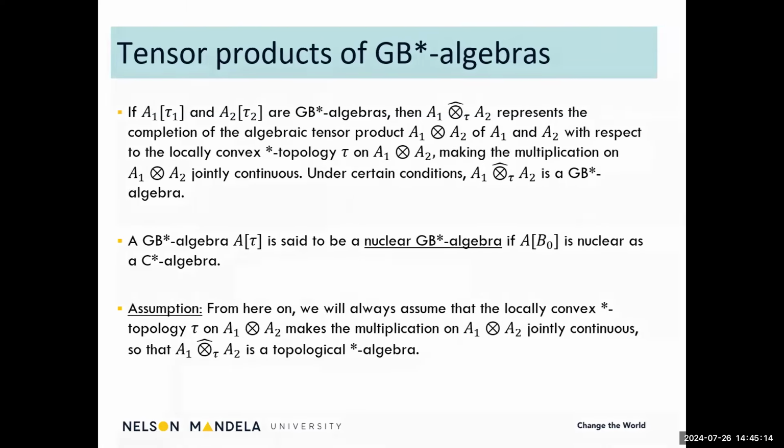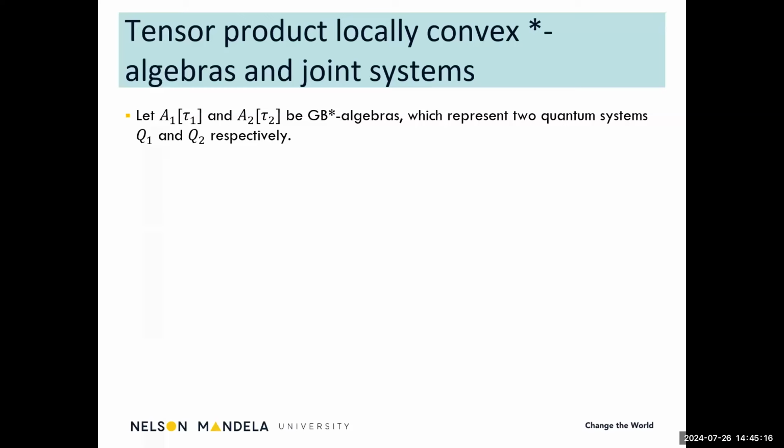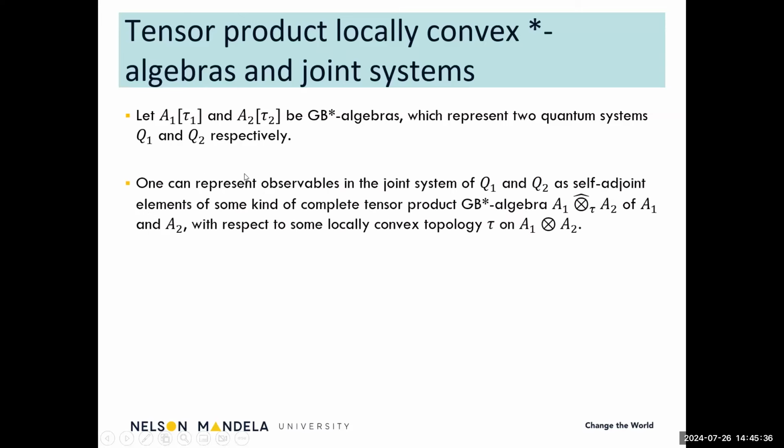Why are tensor products useful? Because we need to go over to joint systems. So let's make an assumption, and let's just say you've got two quantum systems, Q1 and Q2, where the elements are taken to be inside two GB star algebras, A1 and A2 respectively.